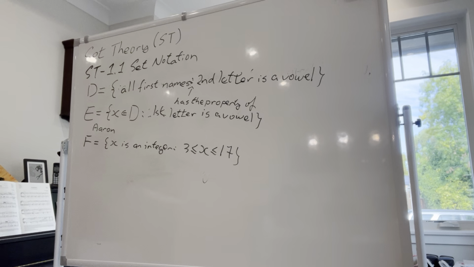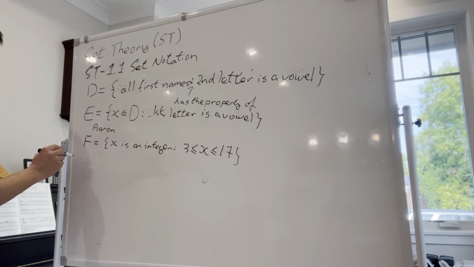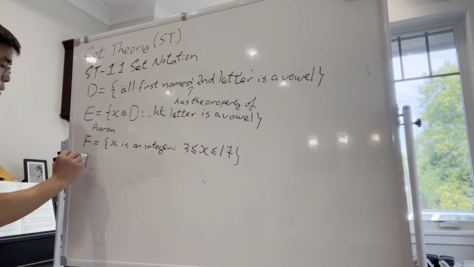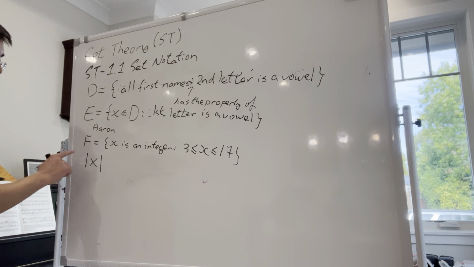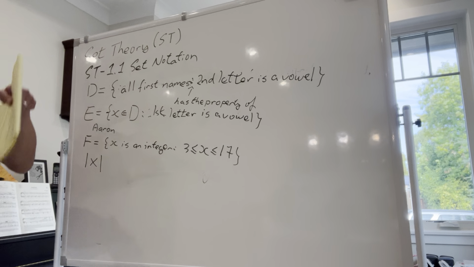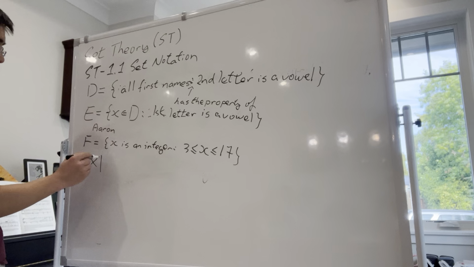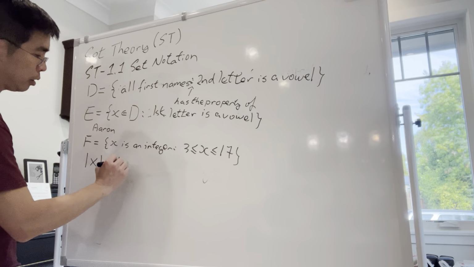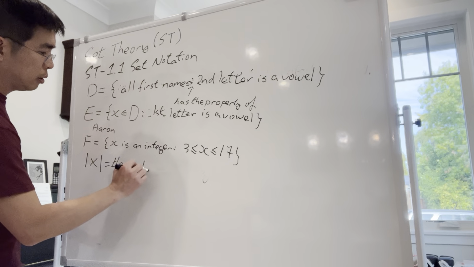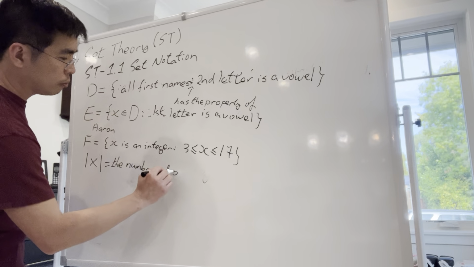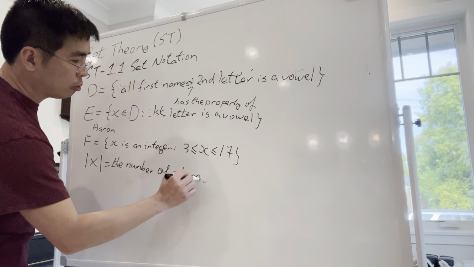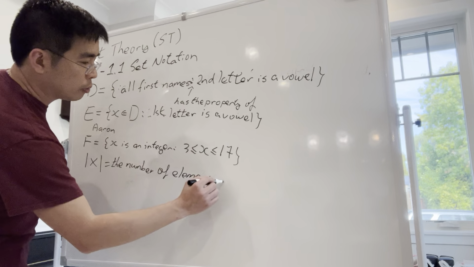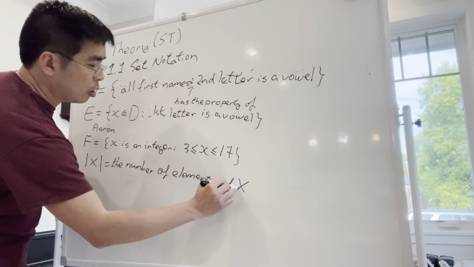Okay. Now, let's say we have a symbol: if you put two vertical bars around a set, it's counting the number of elements of that set.